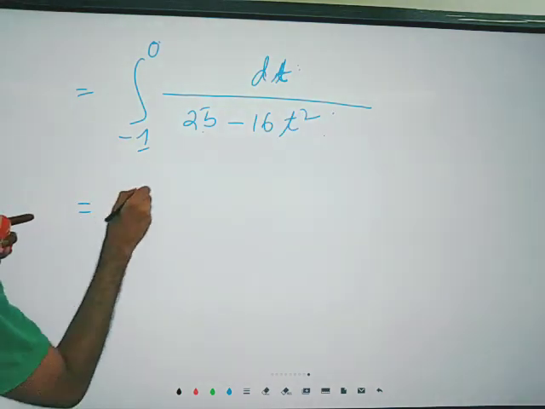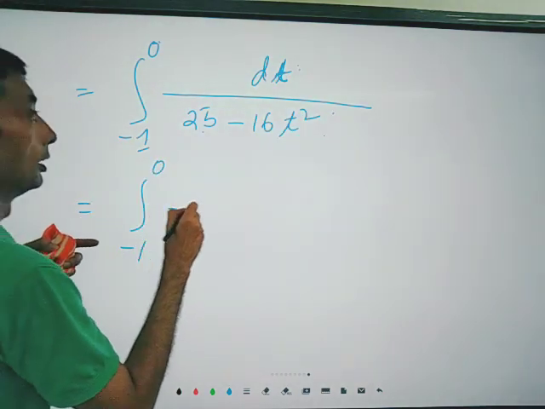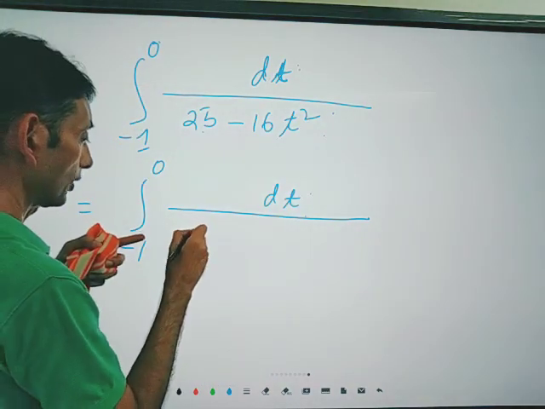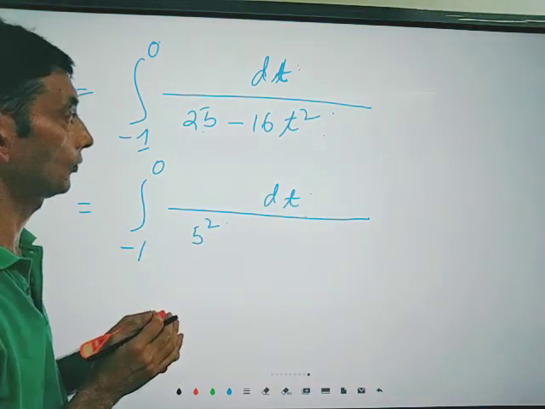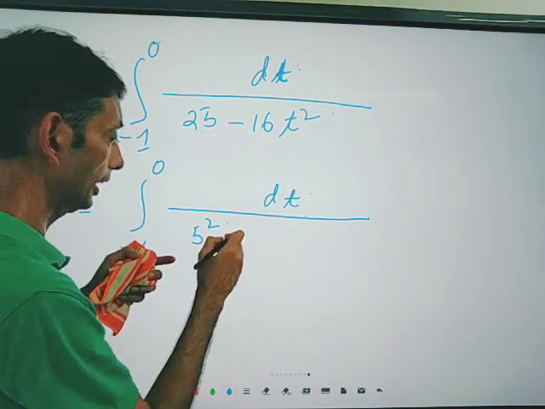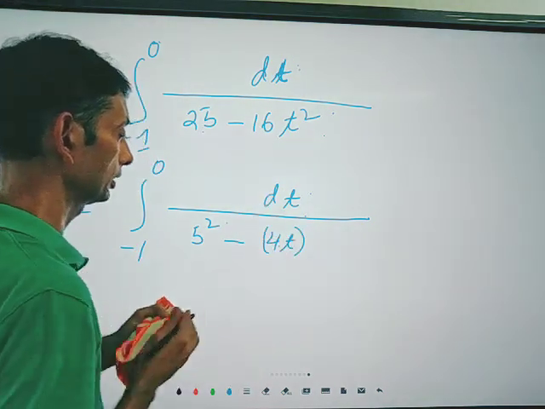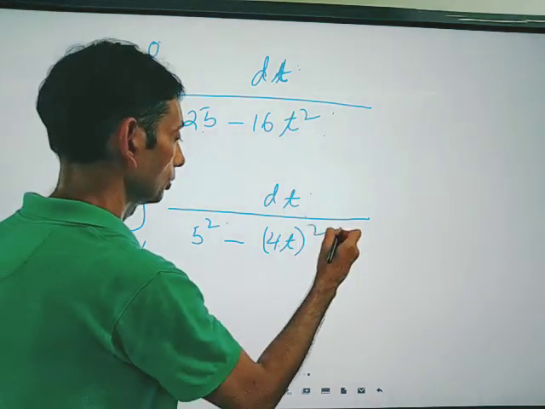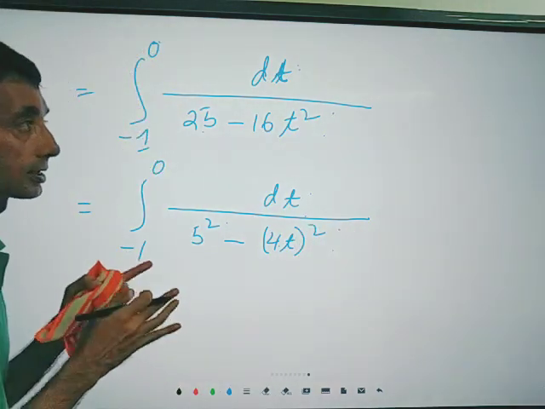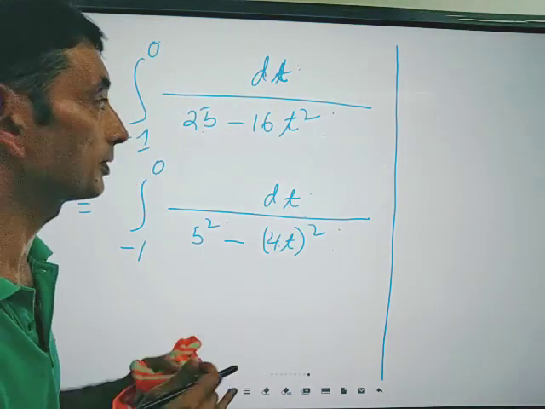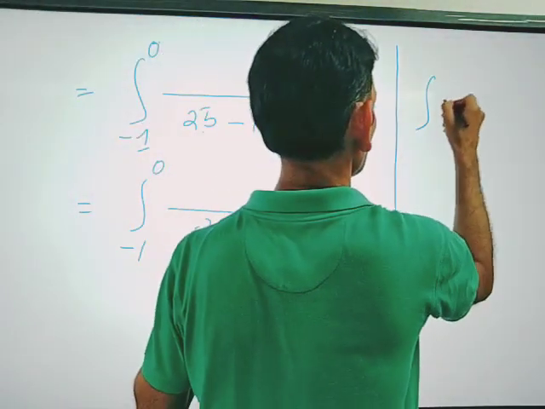I'll just write one step extra. 25 is 5 squared, and 16 t squared can be written as 4t whole squared. So this is the standard integral that we have done in the previous class. What is this integral?